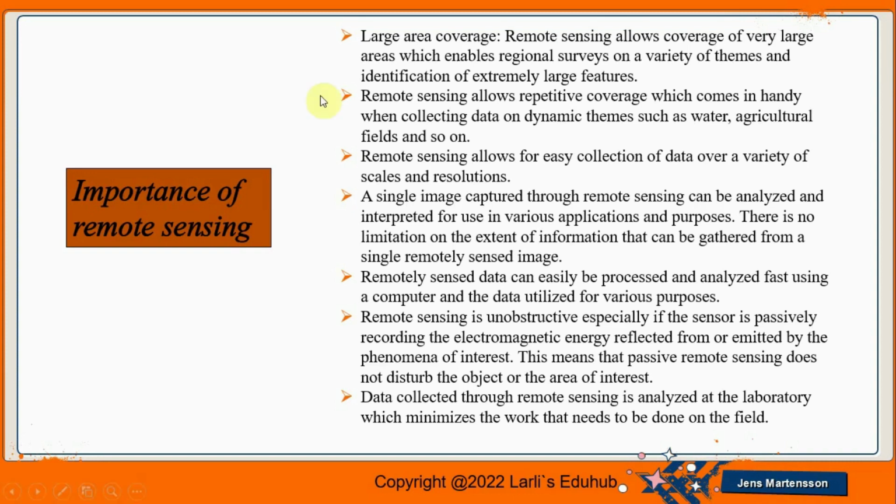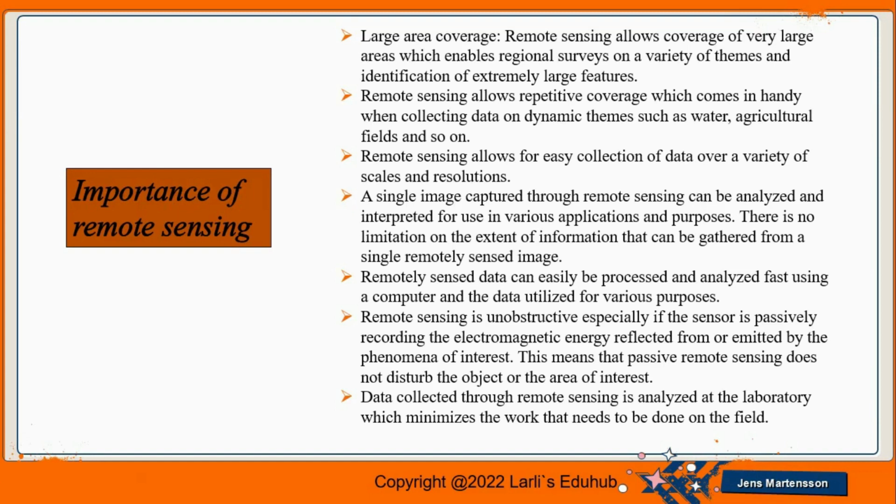And remote sensing also allows repetitive coverage, which comes in handy when collecting data on dynamic themes such as water, agriculture, fields, and so on. So mostly the satellite imagery takes repetitive coverages. Because of its position, it takes coverage for day one, day two, day three, day four, day five, day six, and so on.